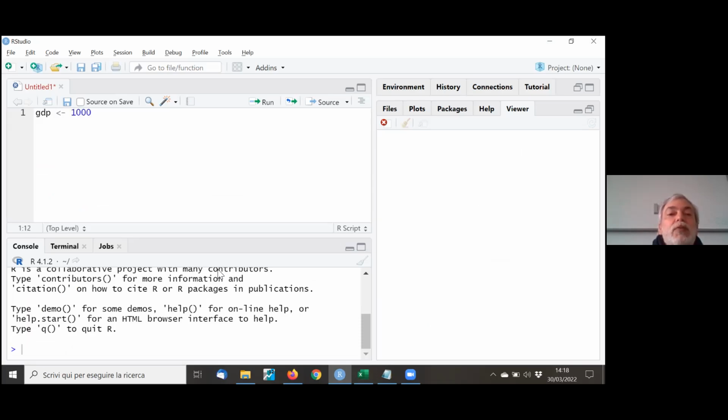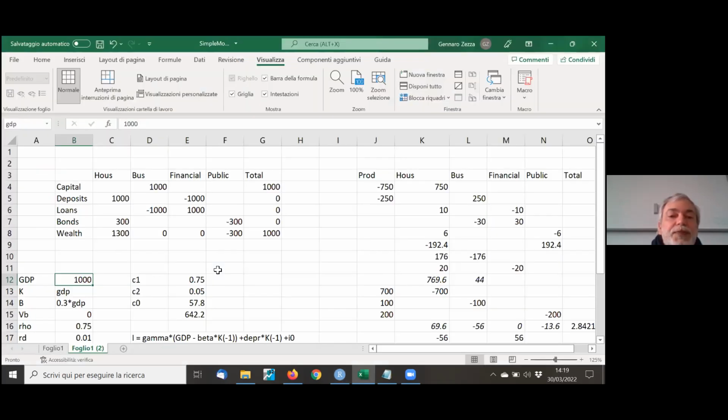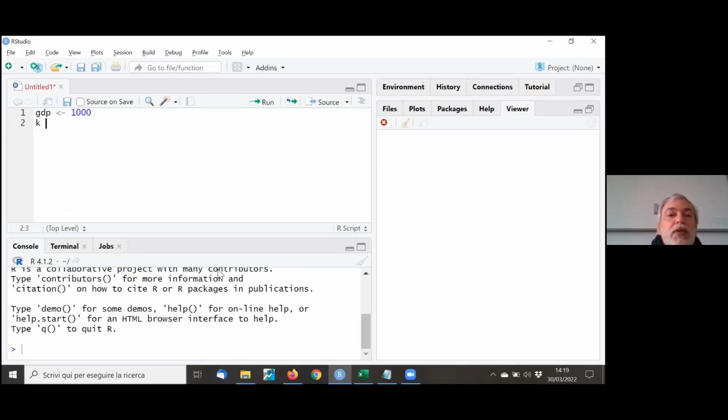So what I would put is something like GDP is equal to 1,000. Then we assumed the next step was that the stock of capital would be equal to GDP. This should work, right? Right, but first we have to create the space where to save the data.